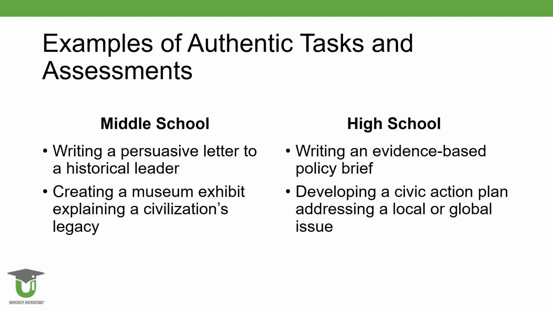Middle school examples, like writing a letter to a historical leader or creating a museum exhibit, help students communicate understanding in real-world formats. High school tasks, such as policy briefs or civic action plans, mirror the work of professionals and active citizens. These tasks and assessments emphasize reasoning, evidence, and communication, rather than simple recall.